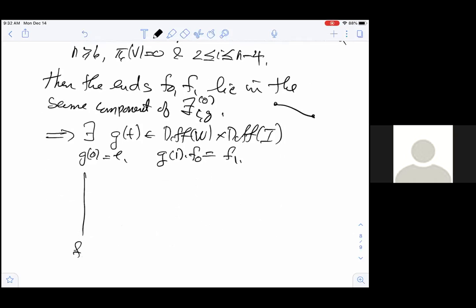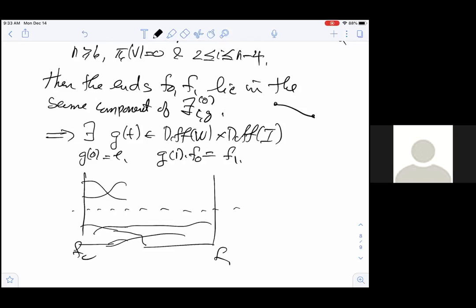So you start with f naught and f1, and you have some diagram. So you have this intermediate level here, which is never crossed. You have these critical points of index i and i plus 1 doing who knows what from here to there.